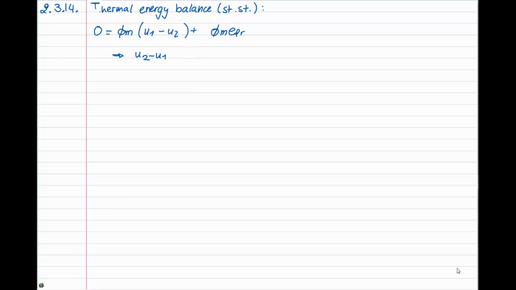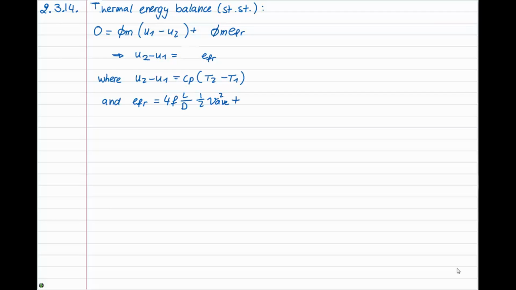Here we divide by the mass flow rate and we isolate U2 minus U1. U2 minus U1 can be rewritten as the heat capacity of water times the temperature difference between point 2 and point 1. Note here that we are taking the negative of what is written in our energy balance.